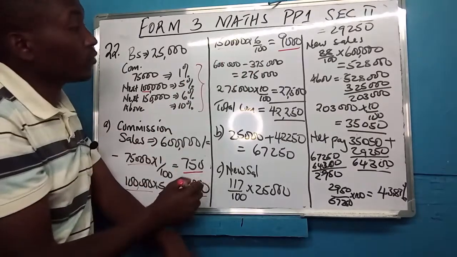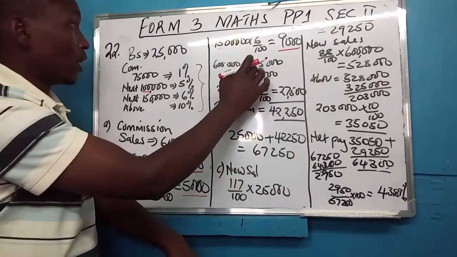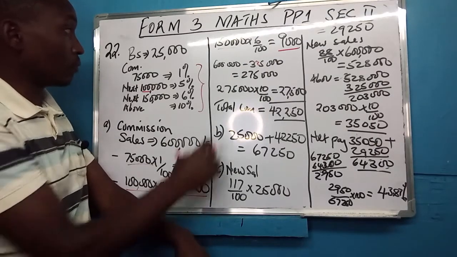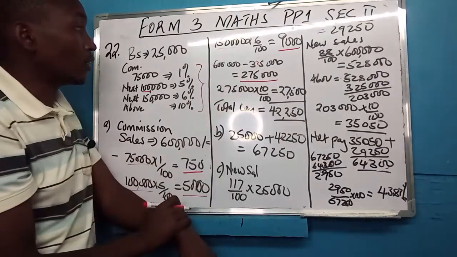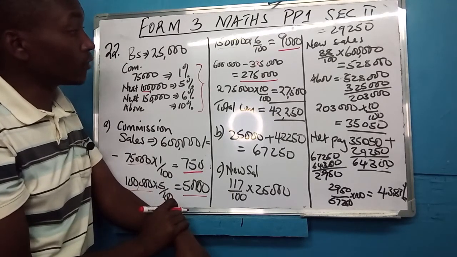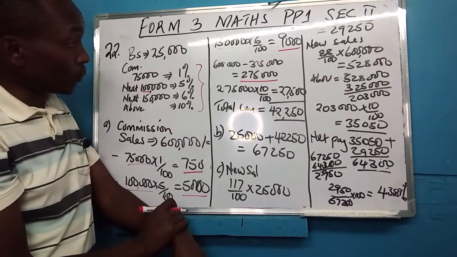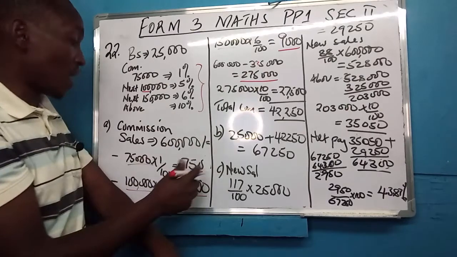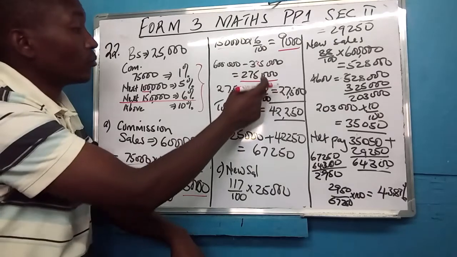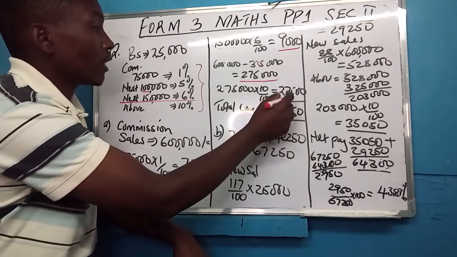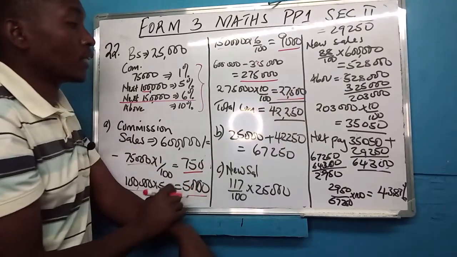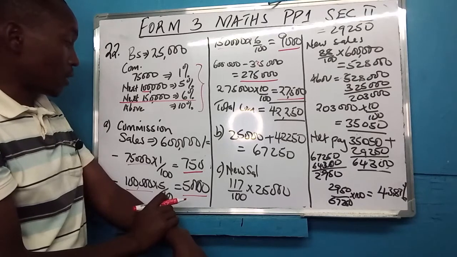Then you add 150, that gives you 325. 325 you subtract from 600,000, that is 275. With that, this is the sale that was above what is given on the table. You multiply by 10%. That is 27,500. That's the commission for that bracket there.